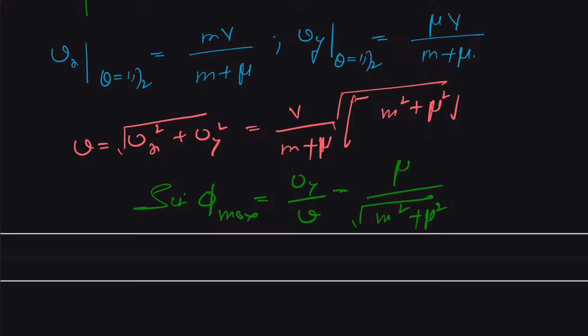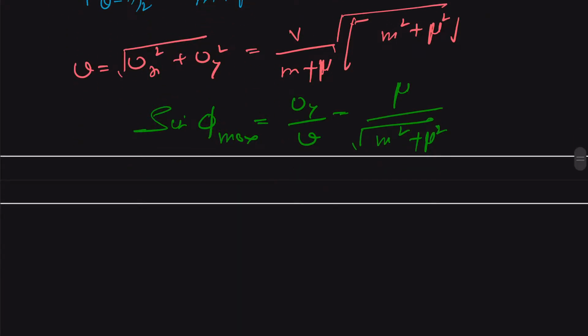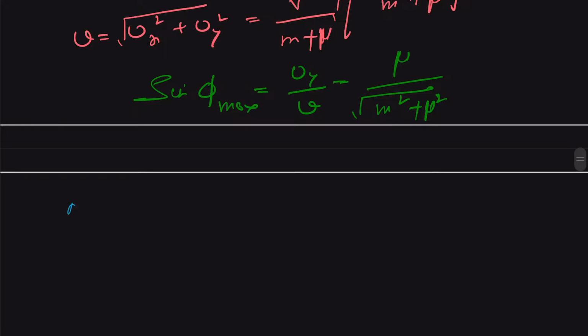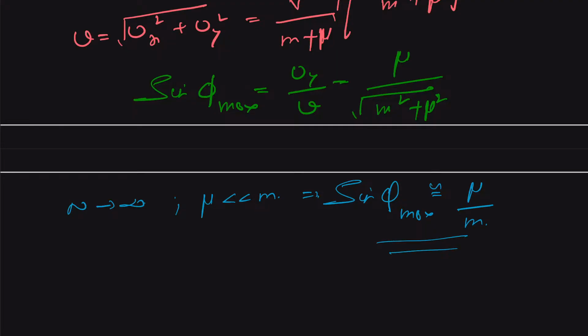And we are given that as number of balls tends to infinity, we can say that mu is very much less than small m. So from here we can say that sine of phi maximum will be approximately equal to mu upon small m. So this is the maximum angle for one single collision.